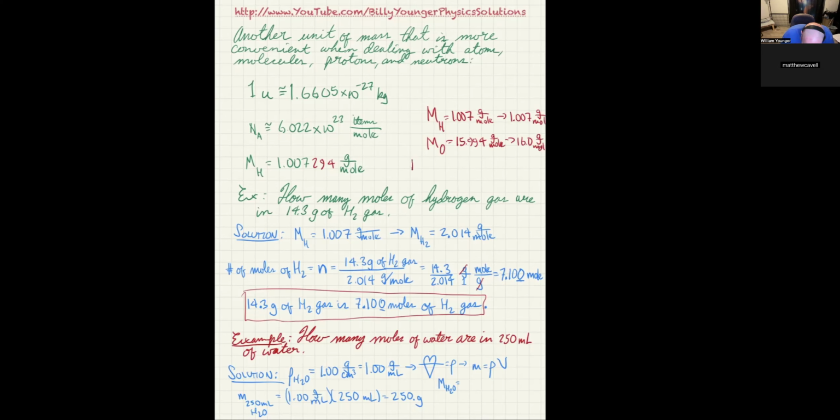So with a formula like H2O, the molecular weight of H2O should be 2 times the molecular weight of hydrogen plus 1 times the molecular weight of oxygen, which gives us about 18.0 grams per mole.